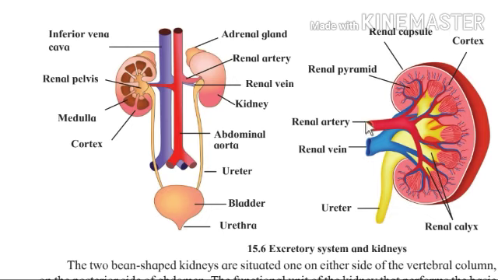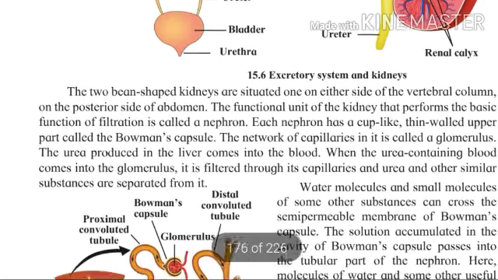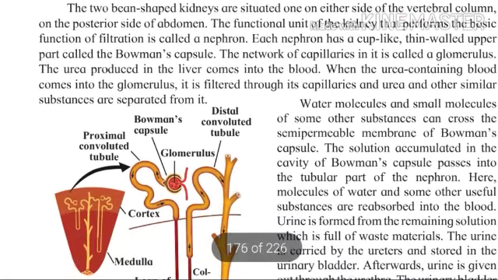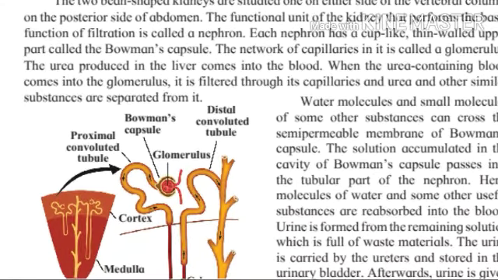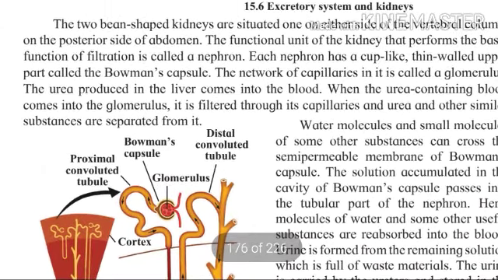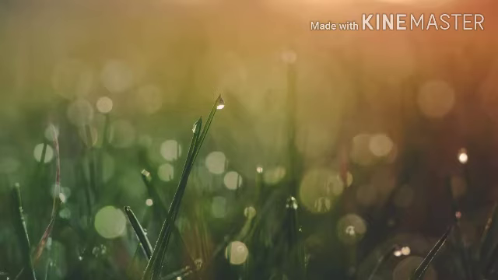The renal artery is supplying blood to the kidney, and the renal vein is collecting blood from the kidney, and this is the ureter, and this portion of the renal pelvis is the renal calyx. The two bean-shaped kidneys are situated one on either side of the vertebral column on the posterior side of the abdomen.